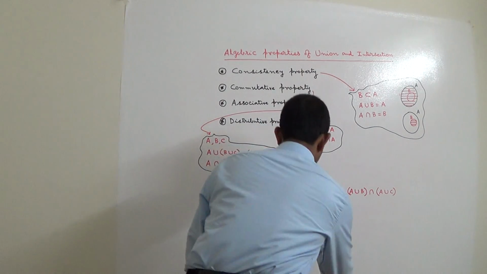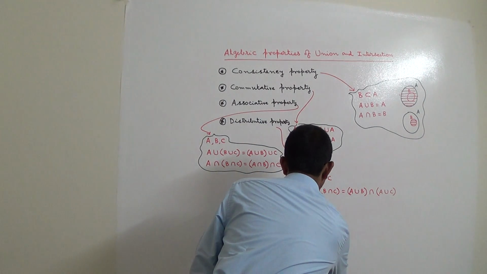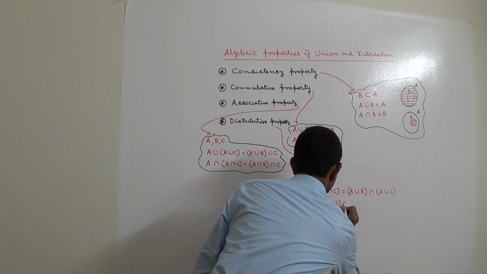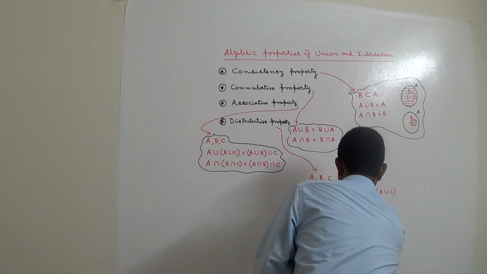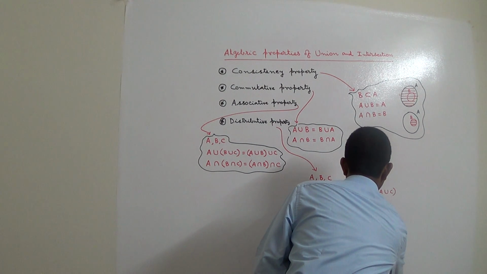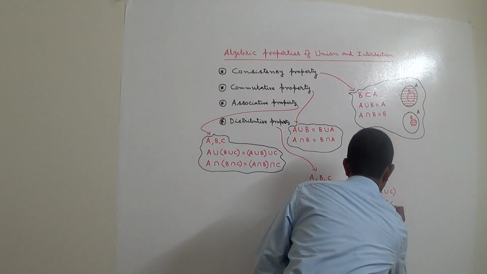And the other way, A intersection (B union C) is equal to (A intersection B) union (A intersection C).